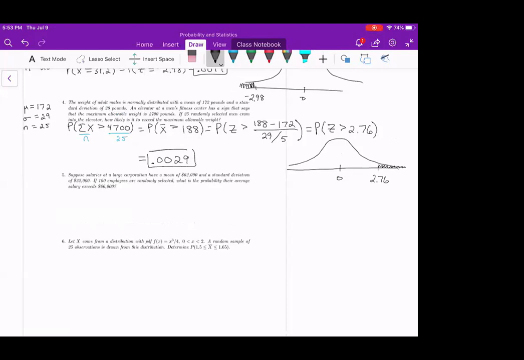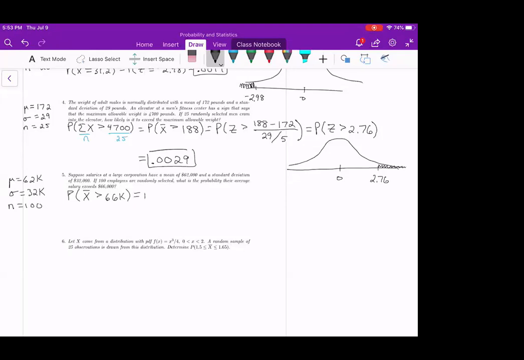As you read through, you learn that the mean salary is 62,000 with a standard deviation of 32,000. There's 100 employees. And we want to know the probability that the average exceeds, which is greater than, 66,000.